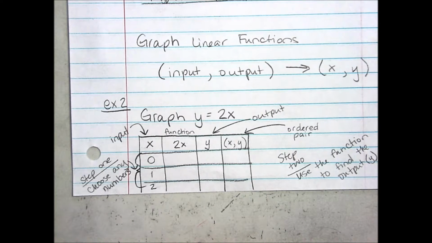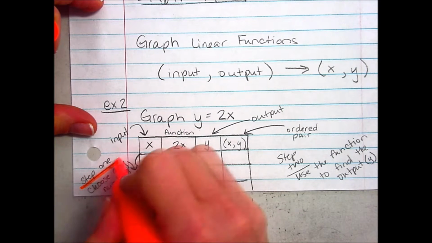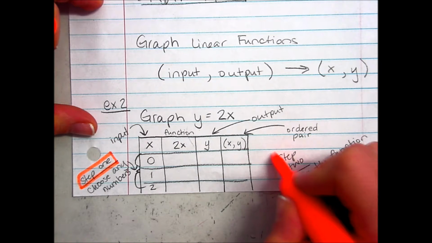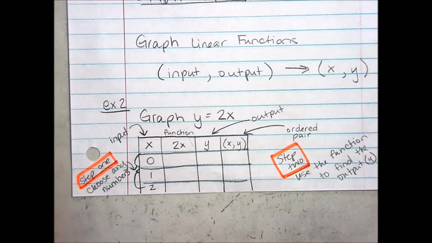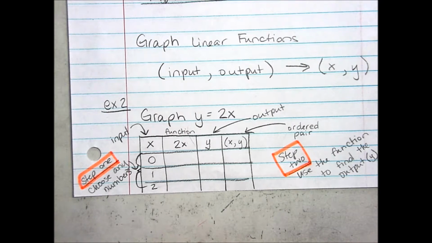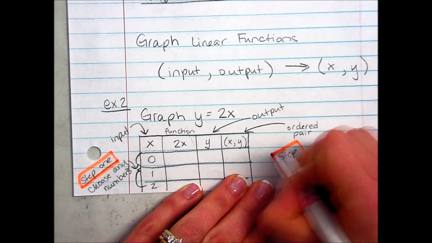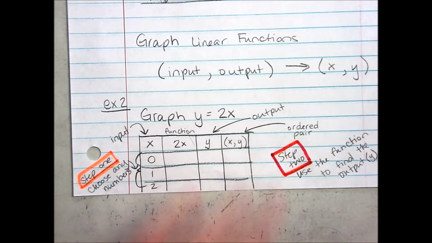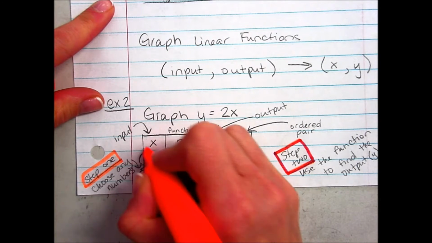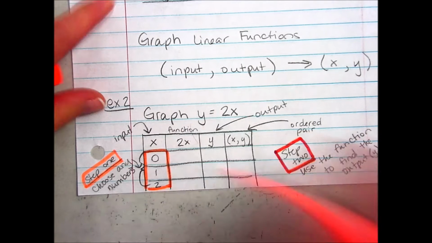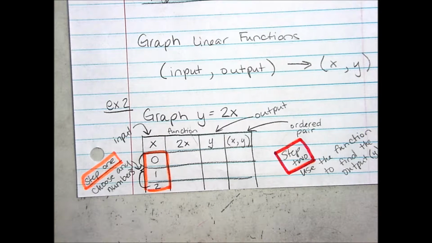Maybe I'll highlight the steps. Maybe better if I use different colors. So step 1 is happening right here, where I chose any numbers.